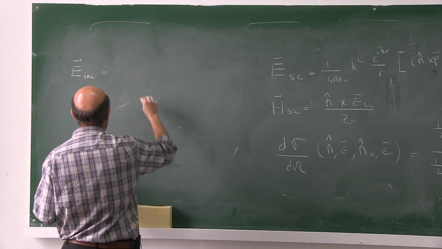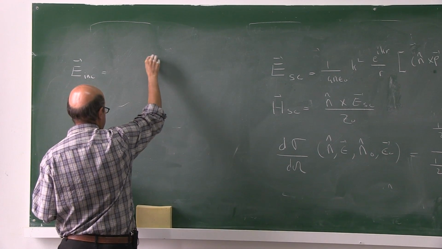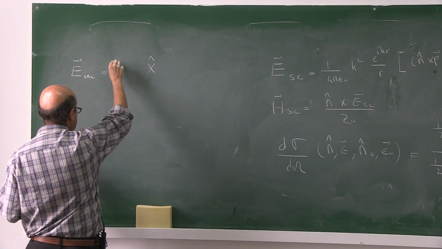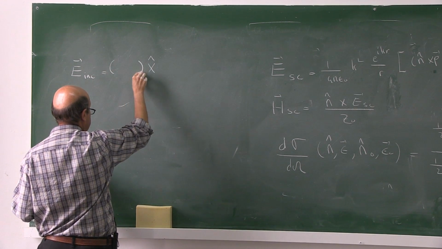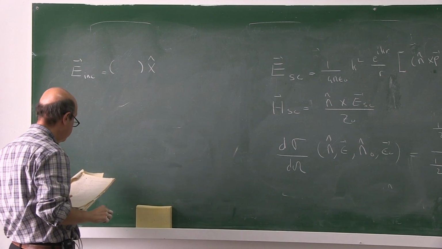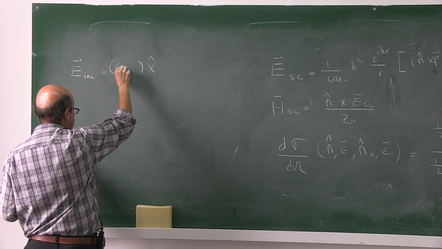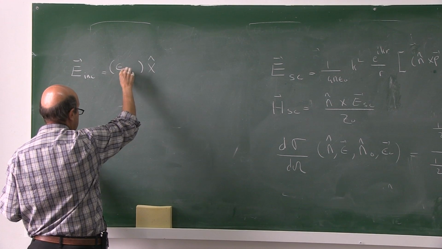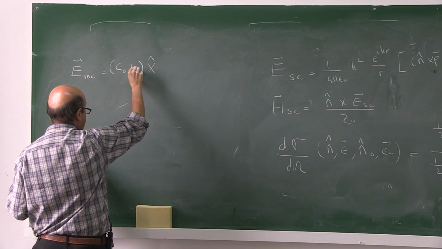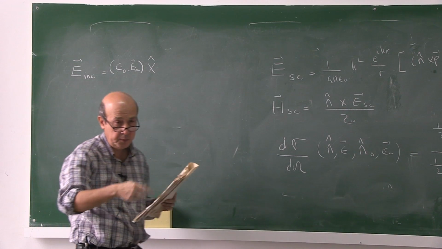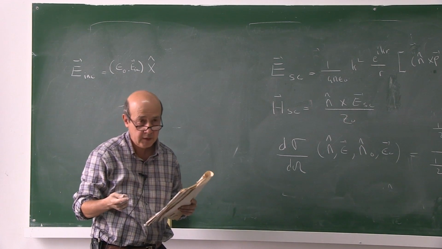It has some arbitrary direction of unit vector and some polarization. So basically, I will define the polarization in the following context. In general, that could be a complex number, because we know that for circular polarization we need complex numbers.